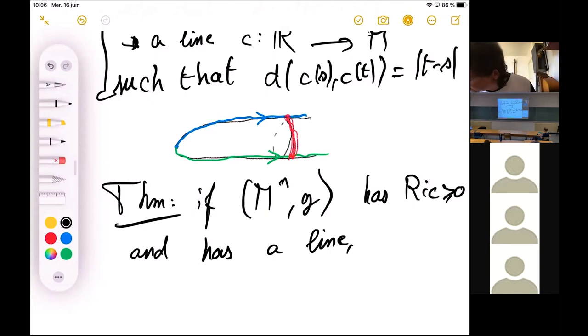And so if you have non-negative Ricci curvature and a line, then we say that M splits.